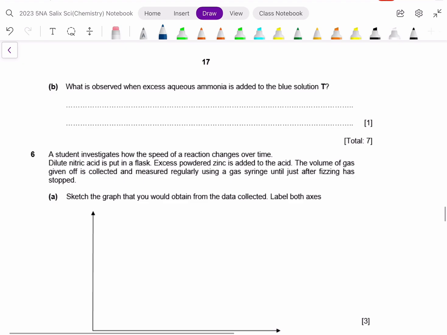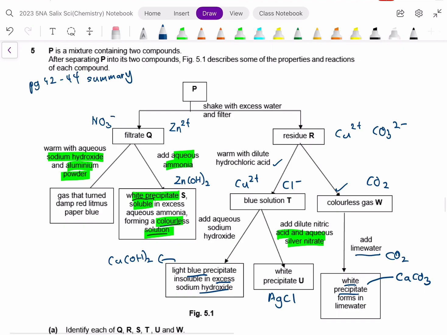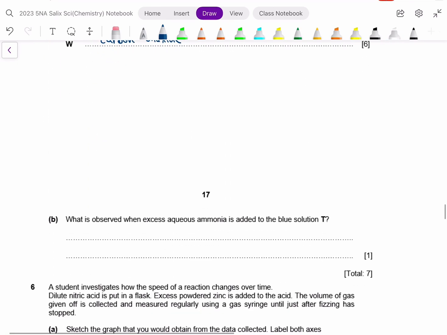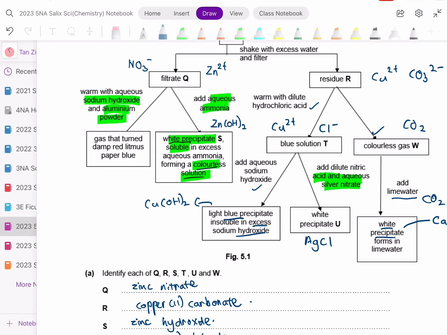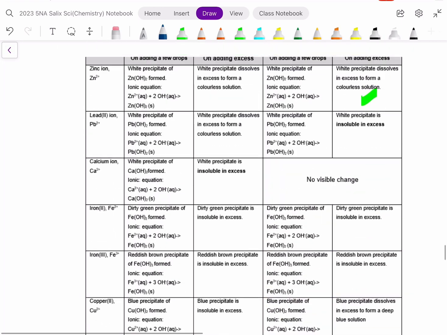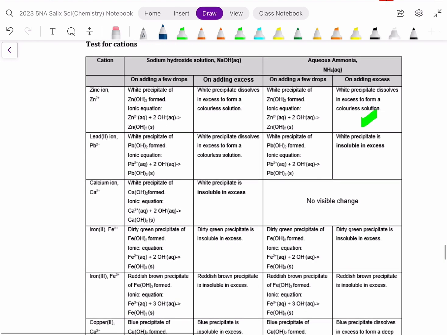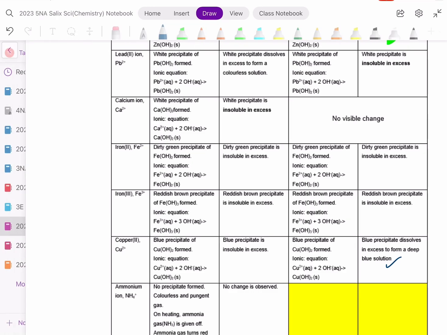What is observed when excess aqueous ammonia is added to blue solution T? Now instead of sodium hydroxide, you add aqueous ammonia. In your summary notes, you should have noticed this is copper(II). Soluble in excess to form a blue solution.